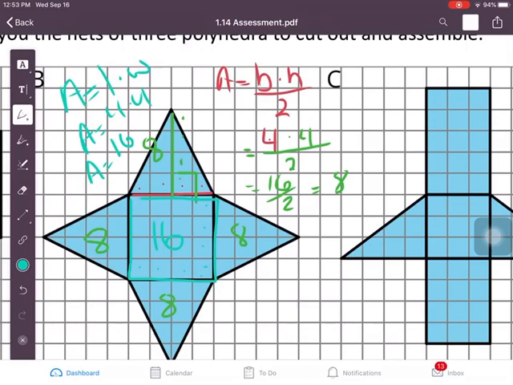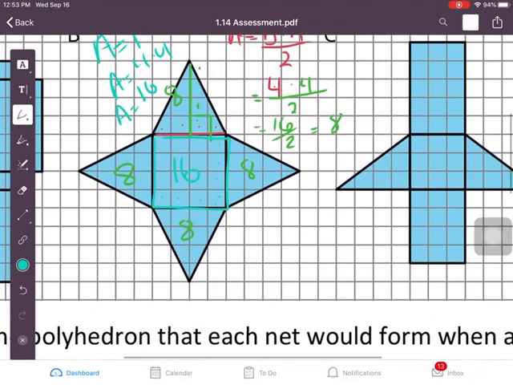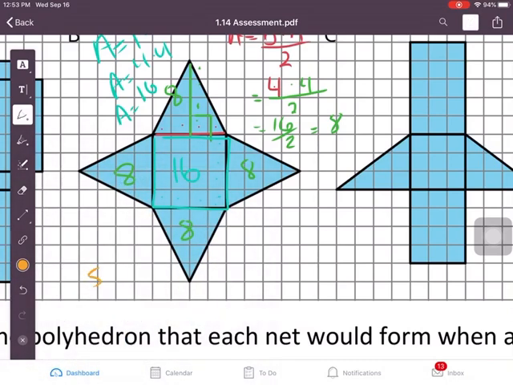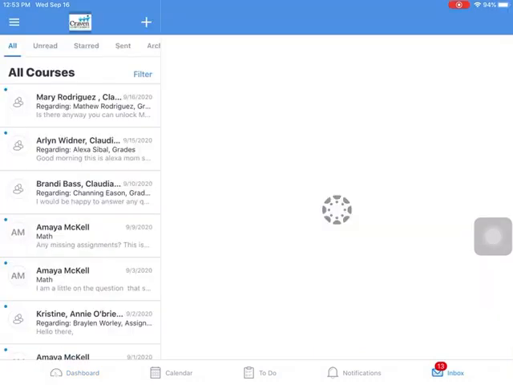So I'm almost done. For the surface area, I have now found the area of each face. But for the surface area, I need to add it all together. So for surface area, that's going to be 8 plus 8 plus 8 plus 8. So I've got 1, 2, 3, 4 faces of triangles.